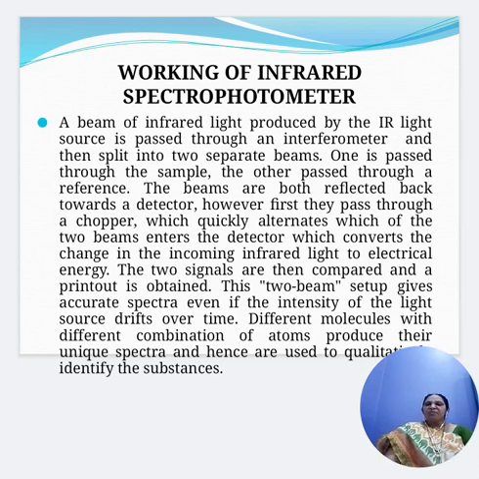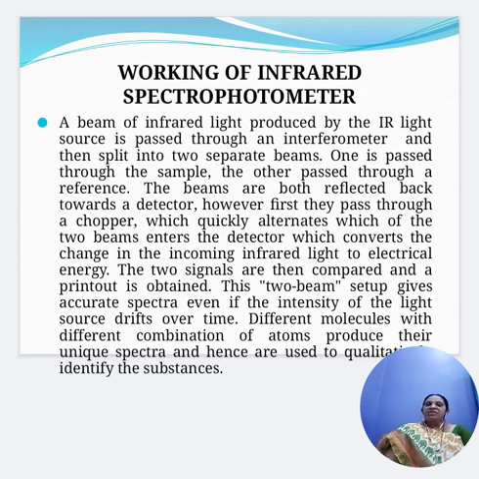So when a beam of infrared light produced by the IR light source is passed through an interferometer, it is split into two separate beams, one passed through the sample and another through the reference. They then pass through a chopper which quickly alternates which of the two beams enters the detector, which converts the change in the incoming infrared light to electrical energy.